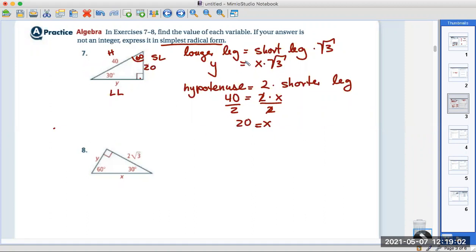Now I have to find y, but up here I can plug in 20 for x. X is 20, so take that 20 and plug it in here.